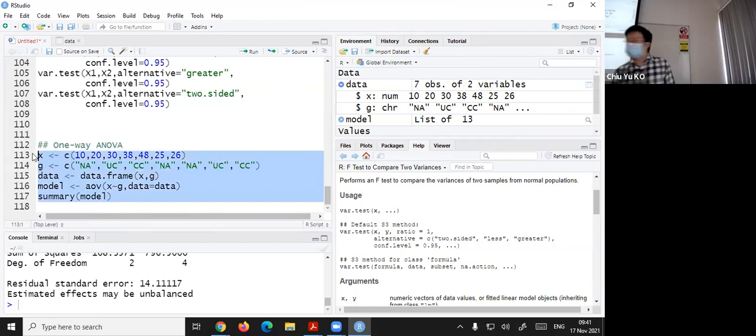This is how we do Anova. You can see it's very fast, much faster than Excel. You don't need to do the data analysis and all that, just several lines: the data, tell it the model, and you're done. It's relatively easy.